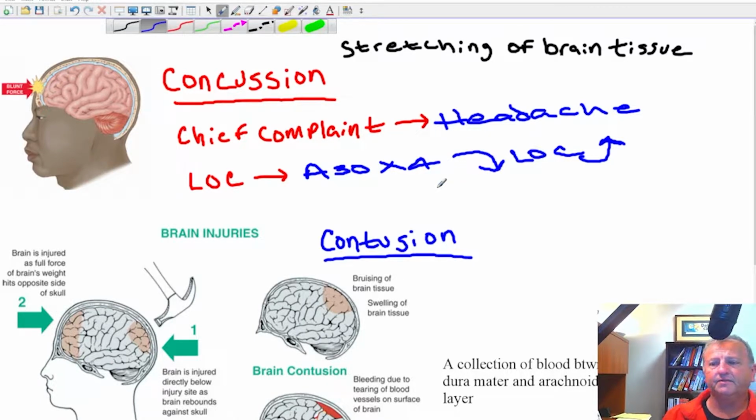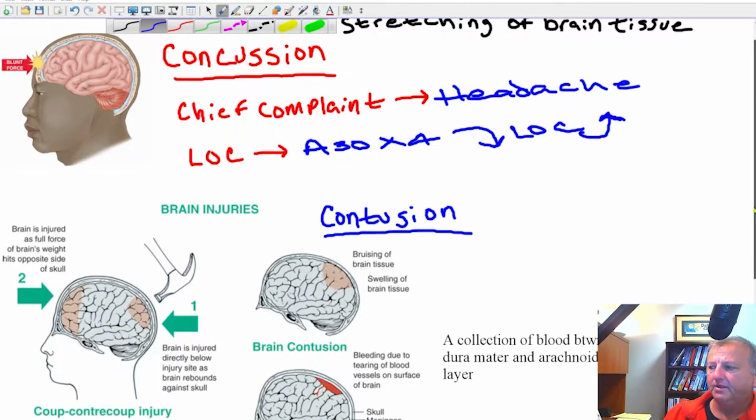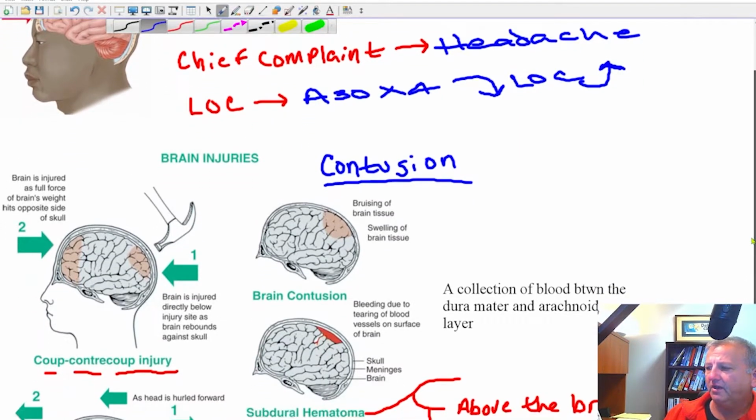So that is a concussion. And that could be the difference. If you are recognizing a patient with a concussion, there should be a decrease of LOC followed by an increase. Let's continue to look at brain injuries.